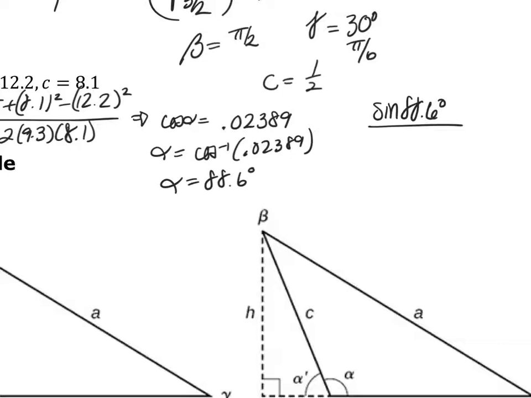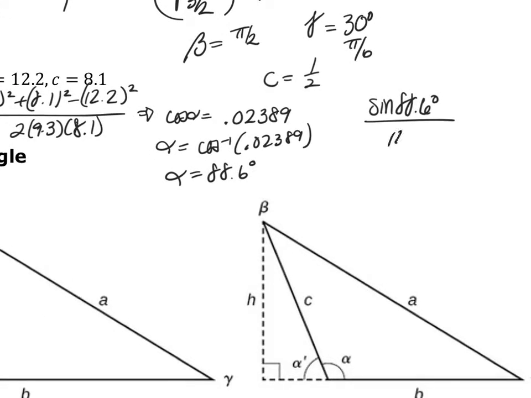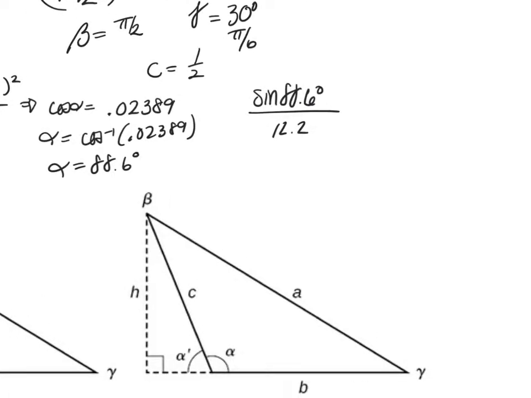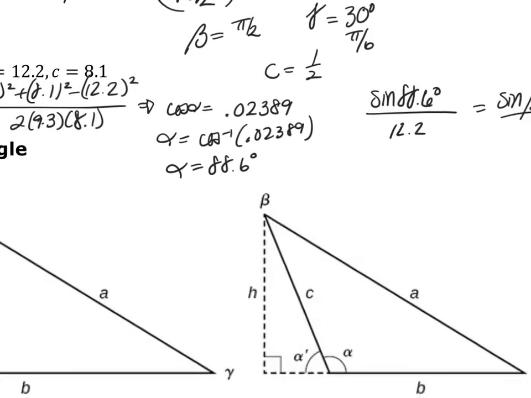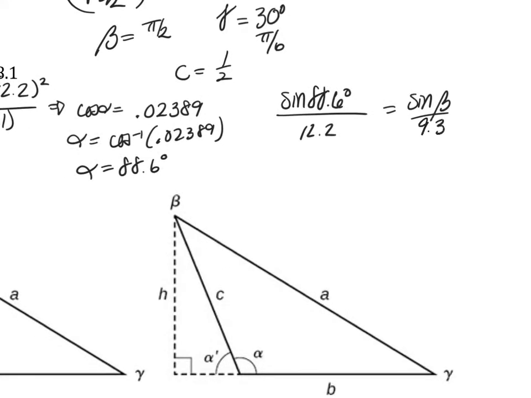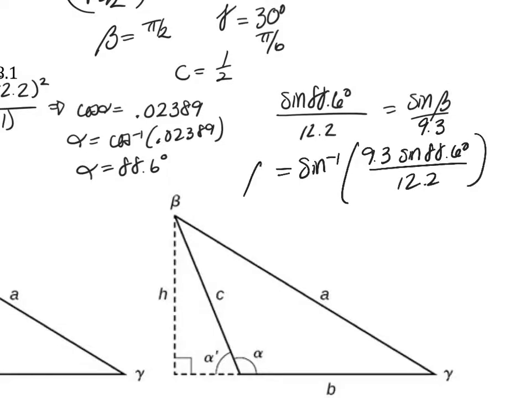Remember, we were chasing the largest angle, so over my largest side, 12.2, is equal to the sine of beta over 9.3. So I have the sine inverse of 9.3 times the sine of 88.6 degrees divided by 12.2, and this is going to give me beta.